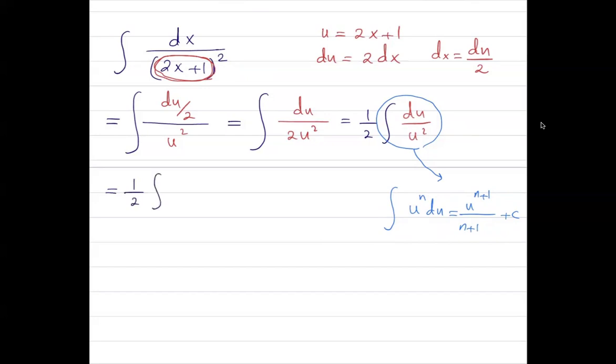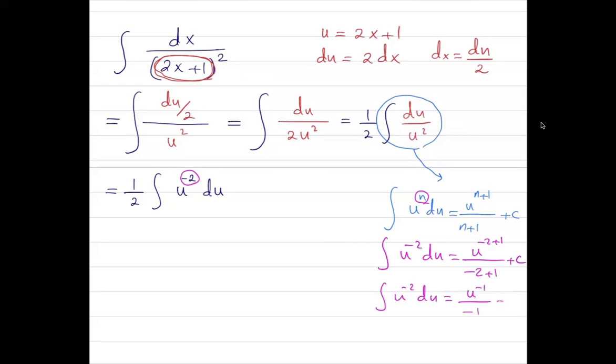This is a half the integral of u to power negative 2 du, and your n is equal to negative 2. So the integral of u to power negative 2 du is u to power negative 2 plus 1 divided by negative 2 plus 1 plus constant of integration, or u to power negative 1 divided by negative 1 plus c, or in a shorter version, the integral of u to power negative 2 du is negative 1 over u plus c.